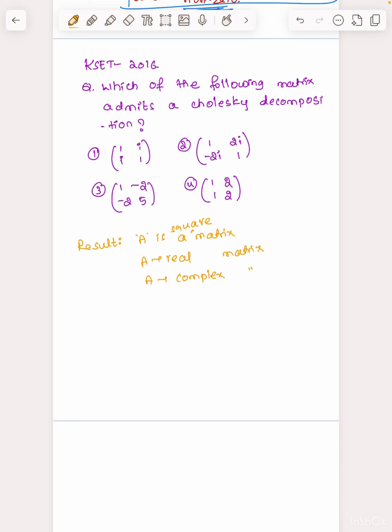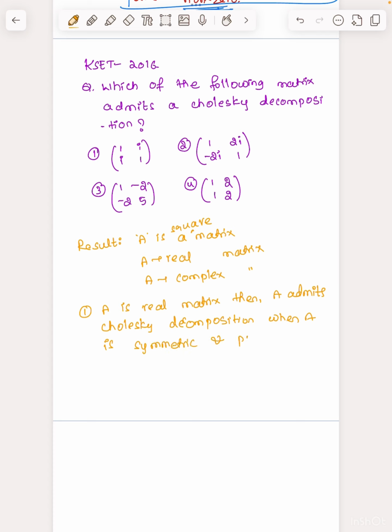Now in case of a real matrix, if A is a real matrix, then A admits Cholesky decomposition when A is symmetric and positive definite.